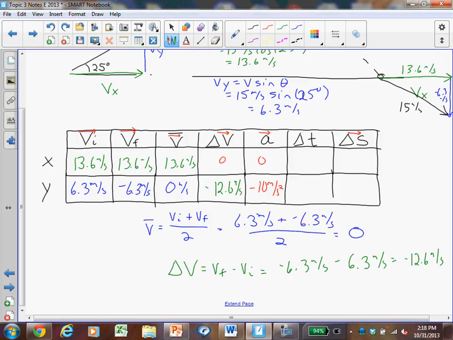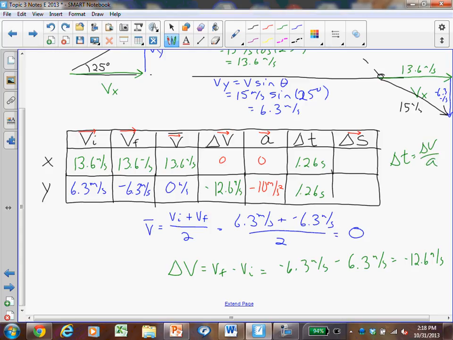Delta T is this over this, or 1.26 seconds. See how I got that? This divided by that is that. Delta T is delta V over A. Okay?